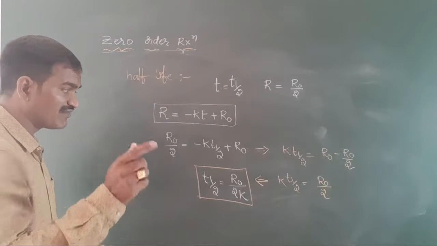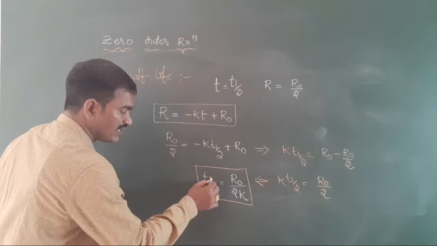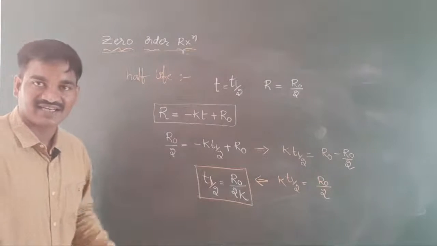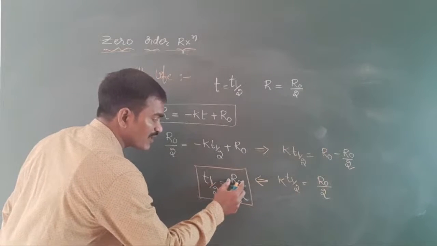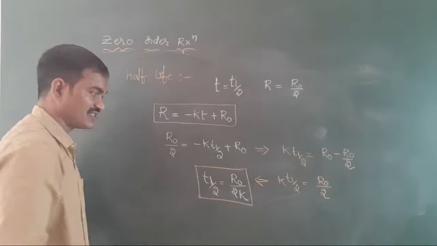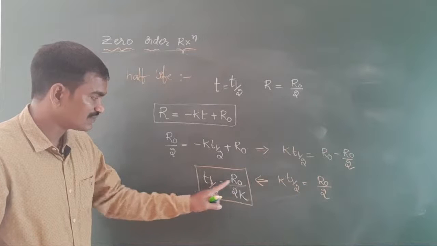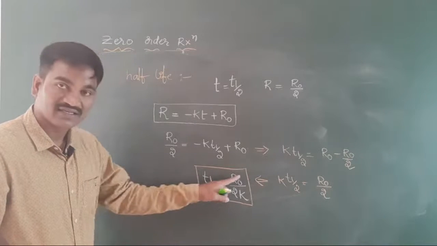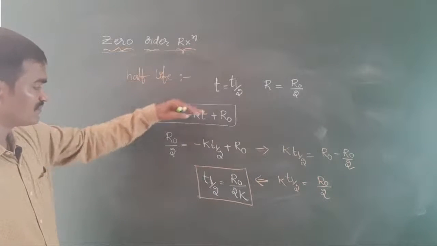Everyone should remember that T half depends on the initial concentration. That means T half is directly proportional to the initial concentration. Half-life depends on it, don't forget this. Here, time depends on the initial concentration of reactants. So take this down, this is half-life.